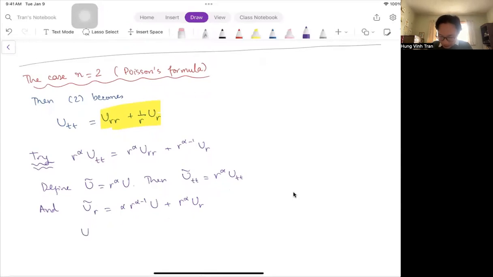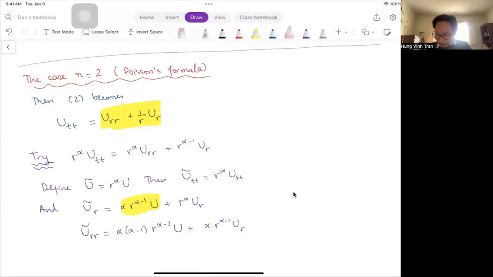If I differentiate once more in r, using the product rule again, I have alpha times alpha minus 1 r to the alpha minus 2 times u. That's the first term. The second term is that when I hit the derivative in u, I have alpha r to the alpha minus 1 times u_r.